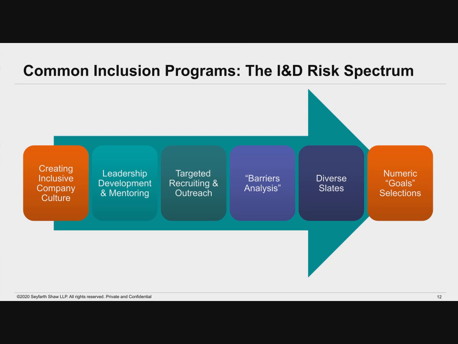We then move to targeted recruiting and outreach, and what we mean by that is trying to reach out to various populations that might be by one company or a particular part of a company considered diverse or underrepresented within that company.